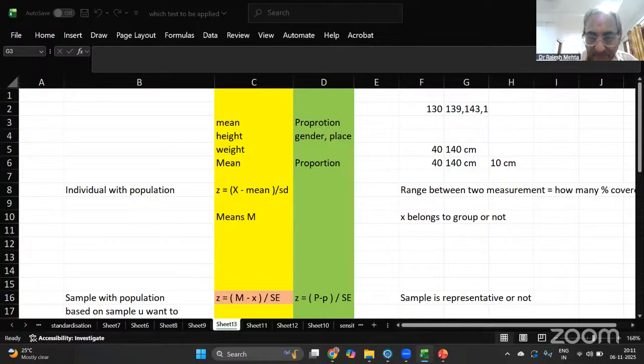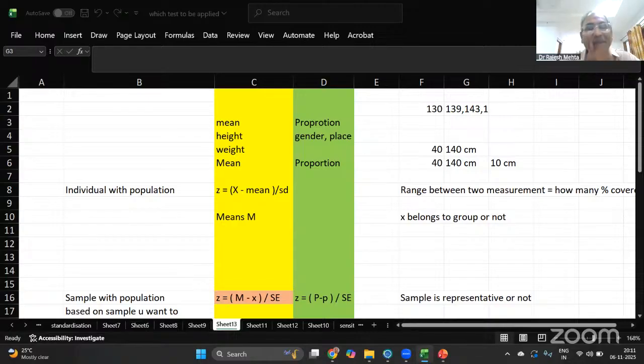Now, the next thing is, suppose we want to find out, in this case, we have 40 students, n is equal to 40. Mean is equal to 140 centimeter, and standard deviation is equal to 10. In this case, 95% of the observation will lie between mean plus minus 2 standard deviation.